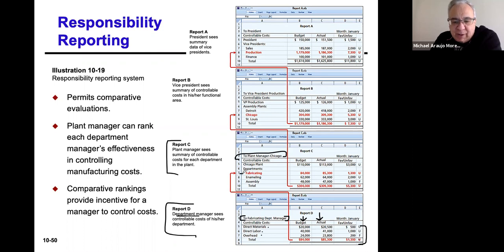Here's the fabricating department, which is this budget, but the enameling department's budget would be here, the assembly department's budget in here, with their reports showing that in Chicago, anyway, when you looked at all these manufacturing issues, they had an unfavorable total of 5,300, looks like. So they were over budget, right? By this amount, it looks as though.